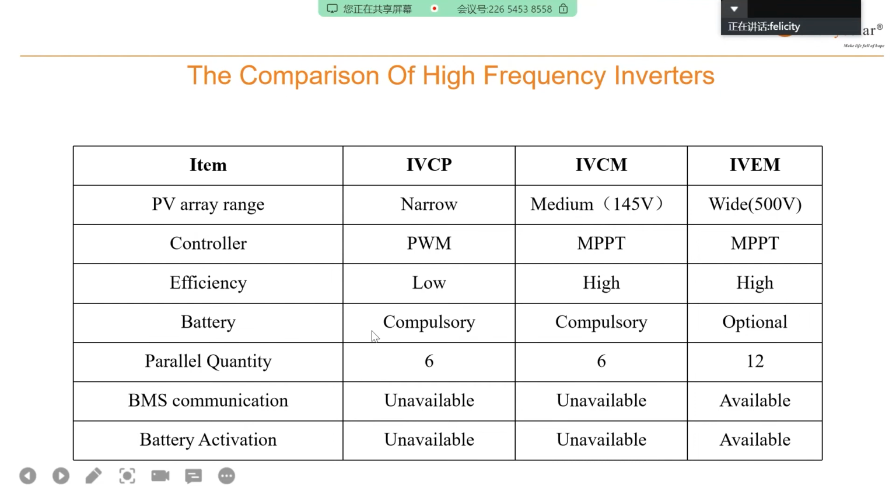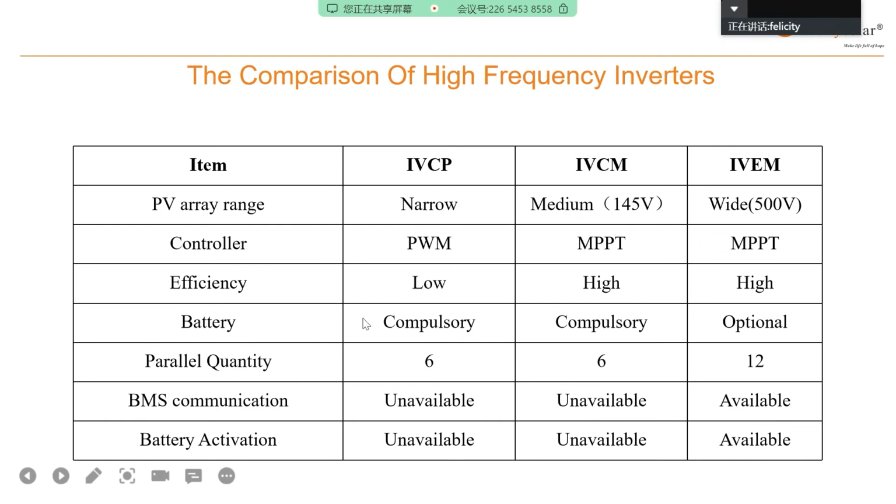This is also the biggest difference between IVEM and IVCP, IVCM: battery connection. For IVEM the battery is an optional connection, meaning without a battery, IVEM can still work. But for IVCP and IVCM, the battery is compulsory.